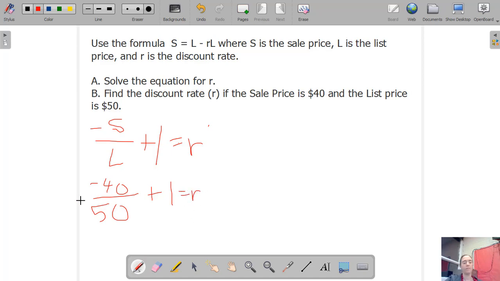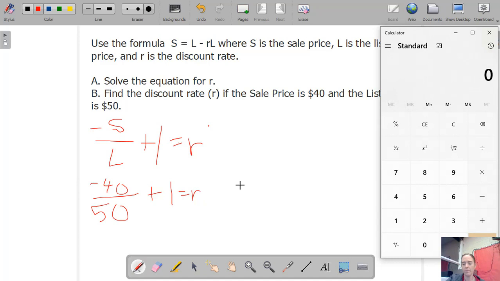Then we just have to simplify this. Negative 40, and a rate, by the way, means you're going to have some kind of a percent. That's what a rate is. So I'm going to go ahead and divide this and make it into a decimal. Negative 40 divided by 50 is going to be negative 0.8. If you're not sure on something like that, just pull up your calculator.